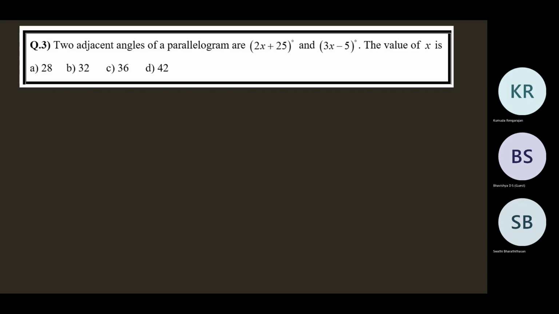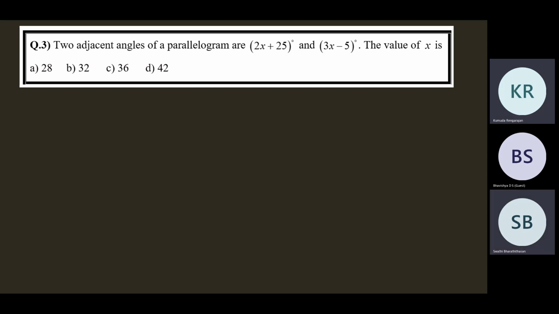What are the angles? Two adjacent angles of a parallelogram are given. The value of x is 32 degrees, ma'am. What is the property? The adjacent angles are? Add up to 180 degrees, ma'am. They are supplementary. Very good.